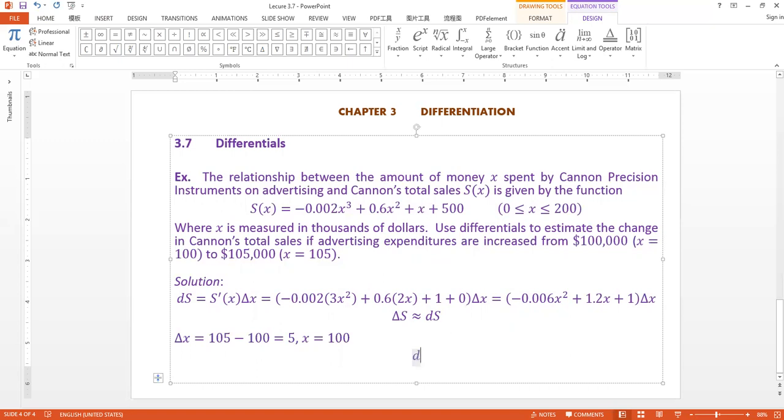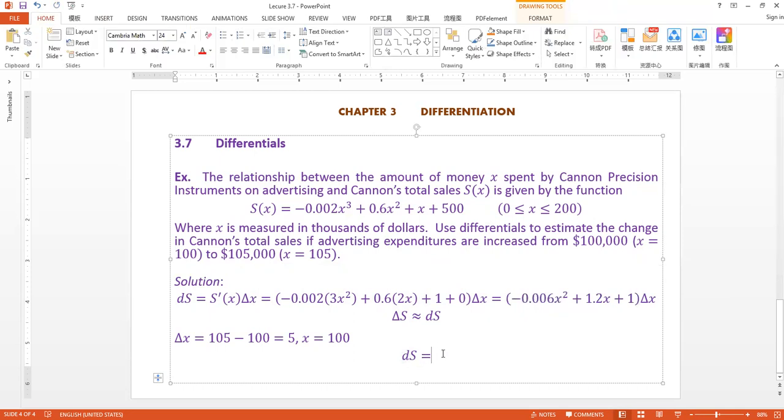So we can calculate the value of dS. Just plug in those numbers in the formula. So what is x? That's 100, isn't it?